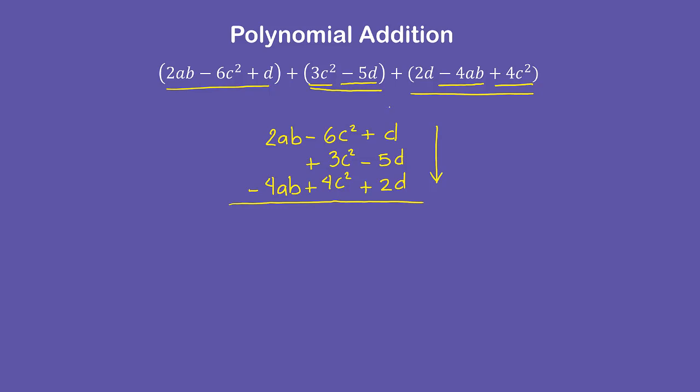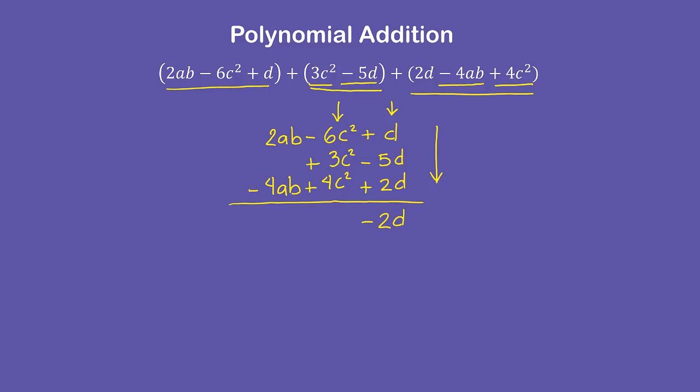So I'm going to start with this column, and now I just add the coefficients. The d by itself, remember that means that its coefficient is 1. So 1 minus 5 gives us minus 4, plus 2 gives minus 2, and they are d. Now the next column. Minus 6 plus 3 gives us minus 3, plus 4 gives us positive 1.